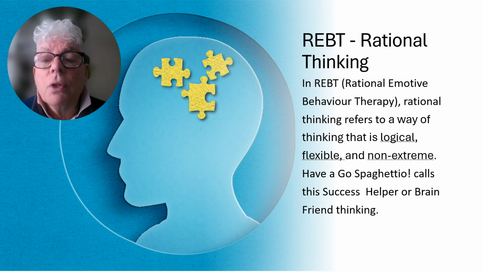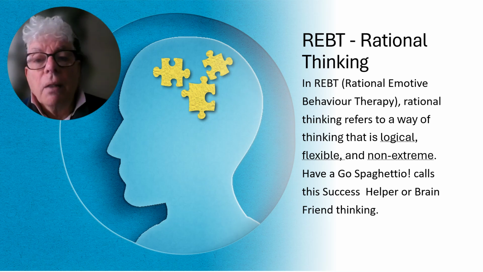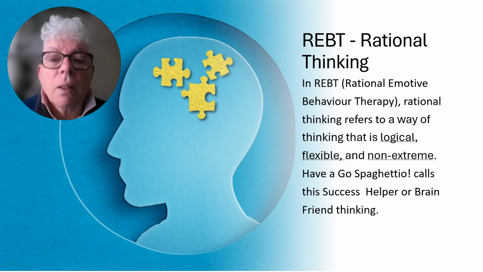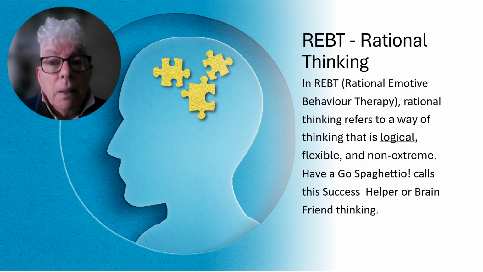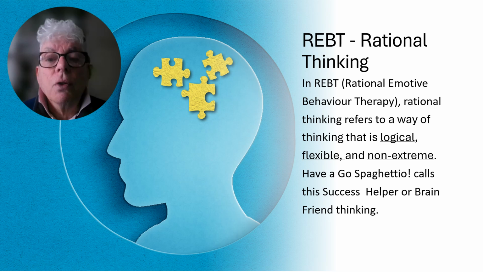So we're introducing the idea to our young learners that they can potentially have a great deal of control over how they feel and behave if they learn to think about their thinking. So that's what REBT, rational thinking, is in terms of this Have a Go Spaghettio success helper approach to social emotional learning.